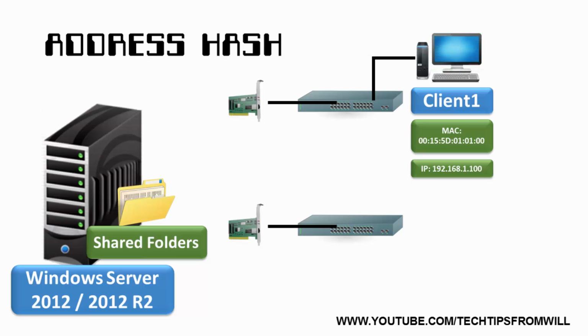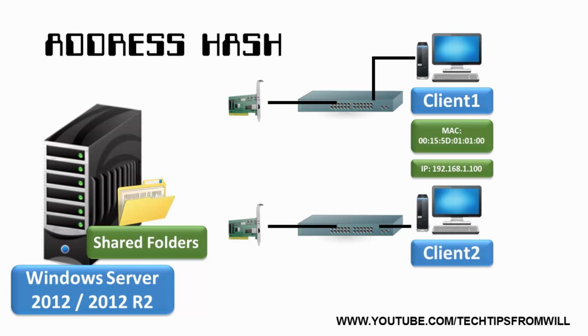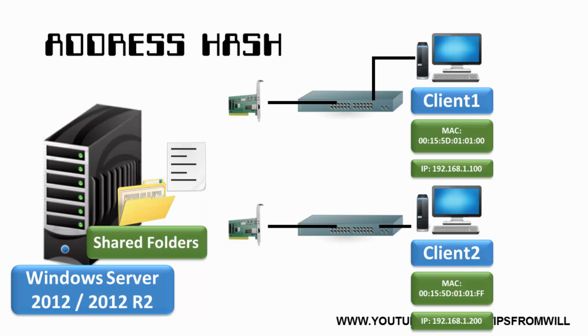When a new client computer named Client2 comes along, the MAC address and IP address of this computer will be different. As such, when Client2 requests a file, Windows will generate a completely different hash value and will send this traffic via a different network adapter in the team.